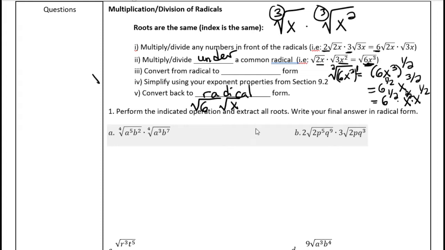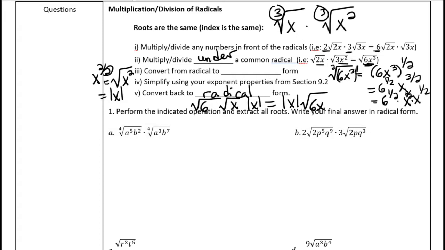Remember that x to the 2/2 is the same thing as square root of x squared, and every time you get a whole number from an even root, you're going to get an absolute value. So we're going to have absolute value of x. Then we put them together. You can multiply the 6 and the x together in the radical, and you get square root of 6x. Okay, so that's just an example of how to do that.